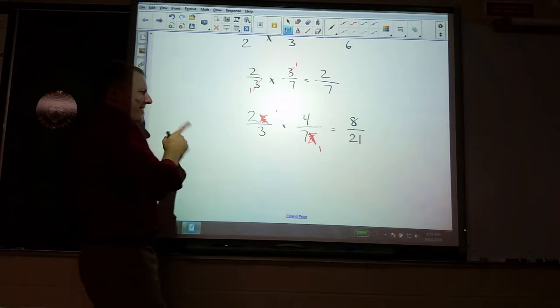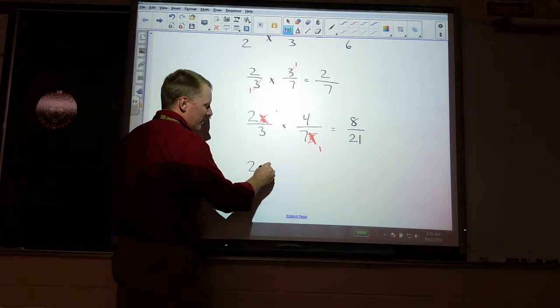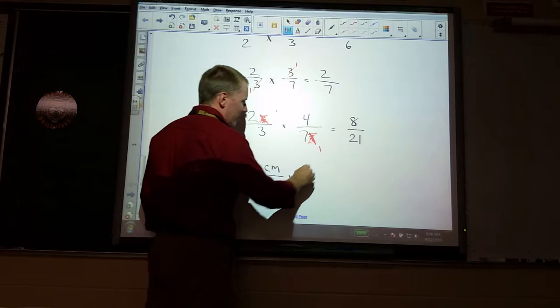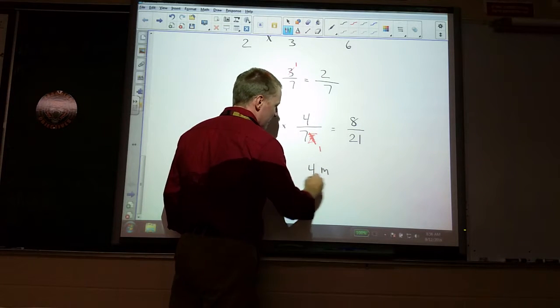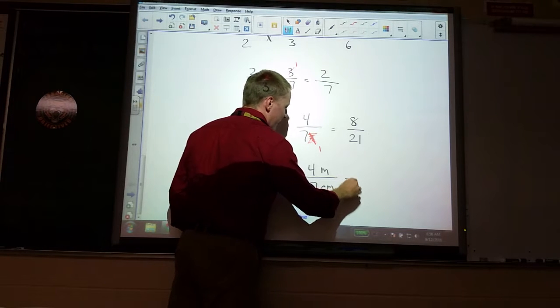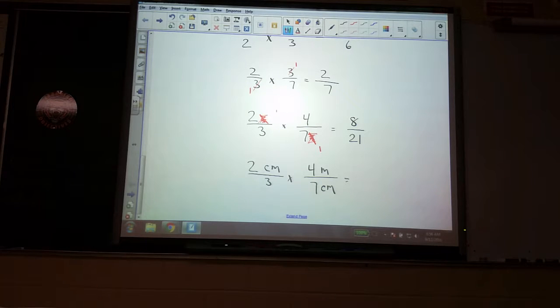What if instead we said something like 2 centimeters over 3 times 4 meters over 7 centimeters? Just as a crazy example that's not really worth real world. Essentially, that's where you use it most in chemistry. We can do the same thing here with the units.